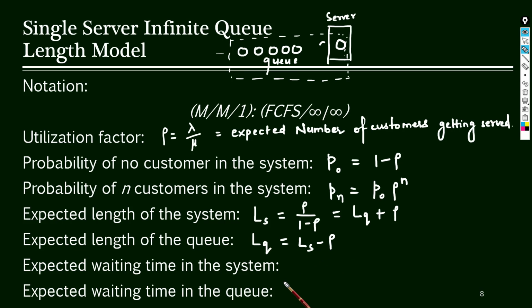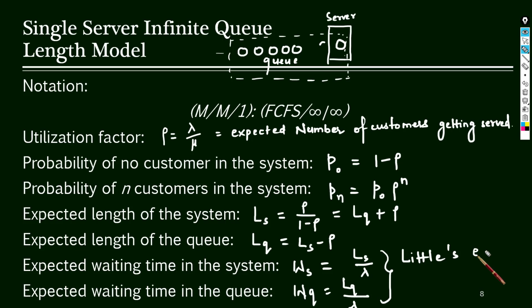Clear? Now the expected waiting time in the system, WS, the formula is LS divided by lambda, and the expected waiting time in the queue is given by LQ upon lambda. Actually these are known as Little's equation.